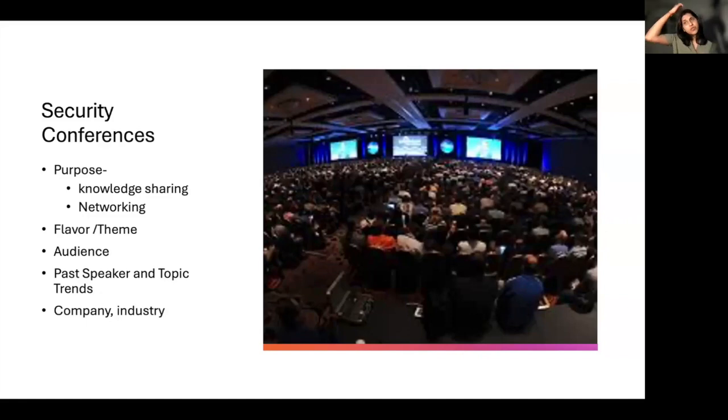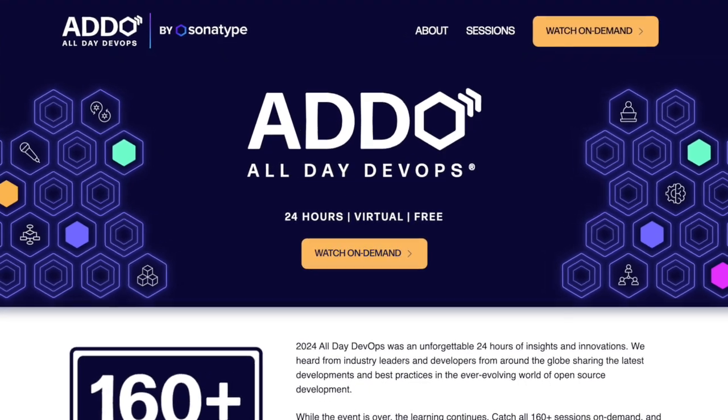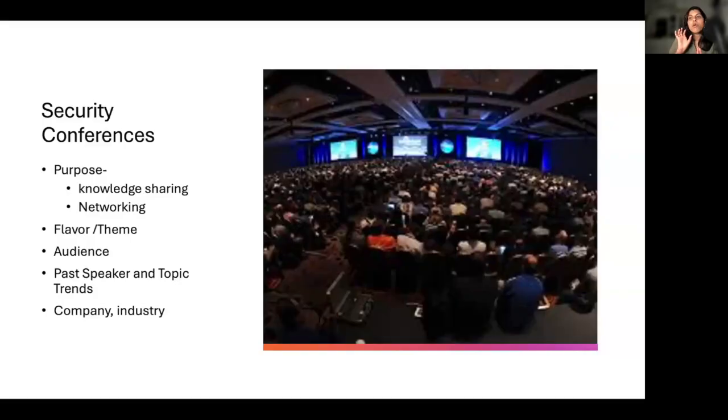So I'll give an example. If it is completely something around governance, risk, and compliance, generally any research in regulatory requirements or data security and all of these allied privacy topics would be something it would hold very high. There's another conference, for example, All Day DevOps. This is not a security conference, but it's completely focused on DevOps, and hence DevSecOps automatically becomes a part of it.